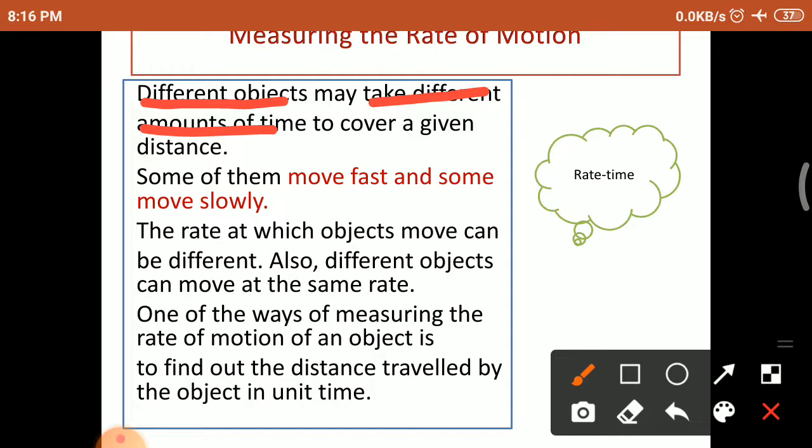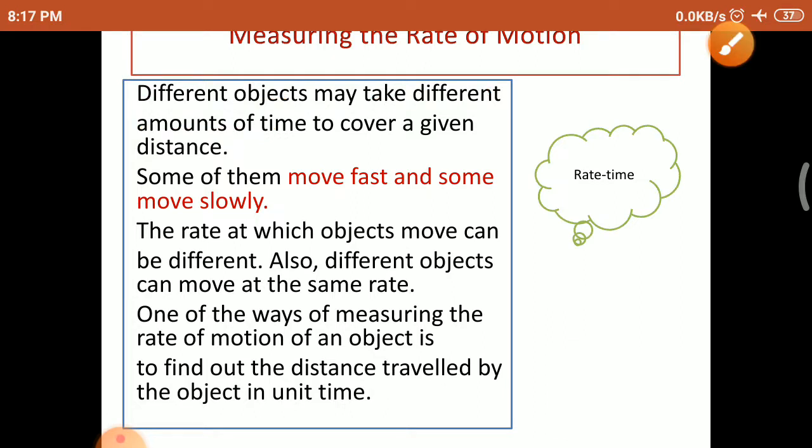So some of the objects move fast and some of the objects move slow. How can you say that this object is moving fast and this object is moving slow? Depending upon the time and the distance, we can say that the object moves fast or slow.